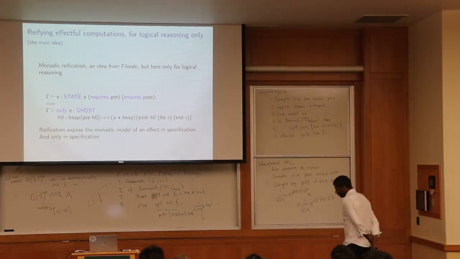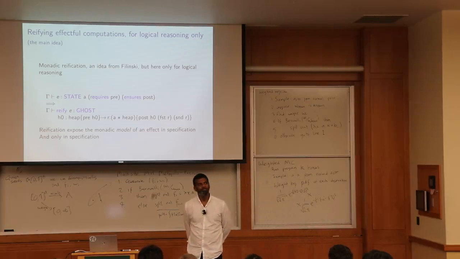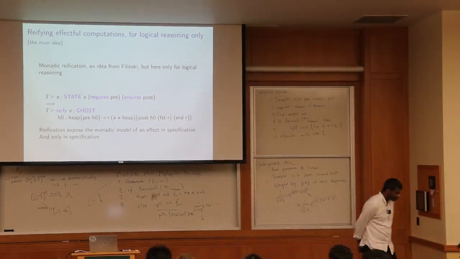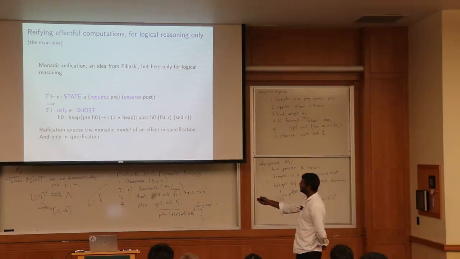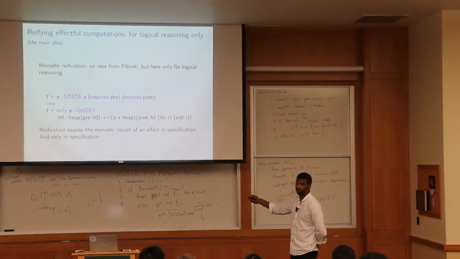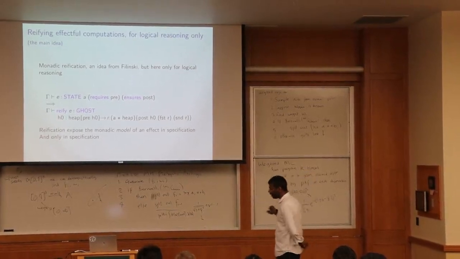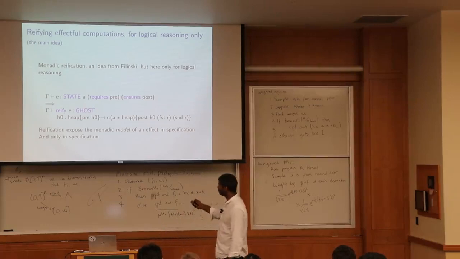So some of the effects that are baked in may, let me put it this way. There are two kinds of reification. This reification is a reification whose effect is ghost, meaning that this is a reification you can only use for specification. This form of reification is available when you define an effect in F star, you can designate it as being reifiable or not. And if you designate it as being reifiable, it comes with this operator.